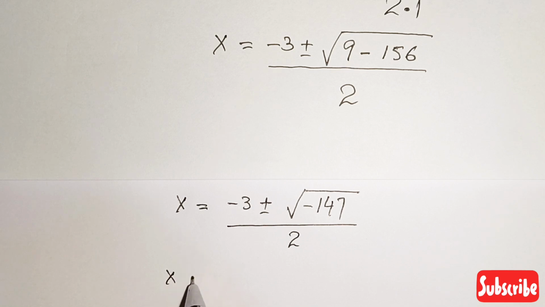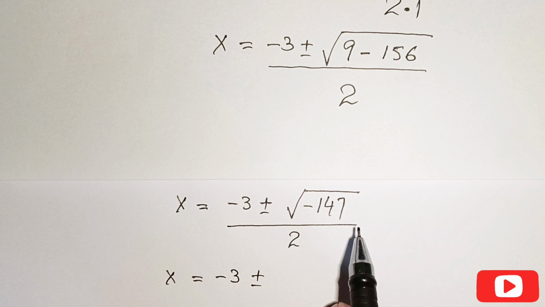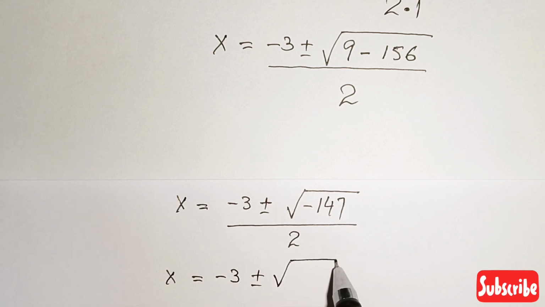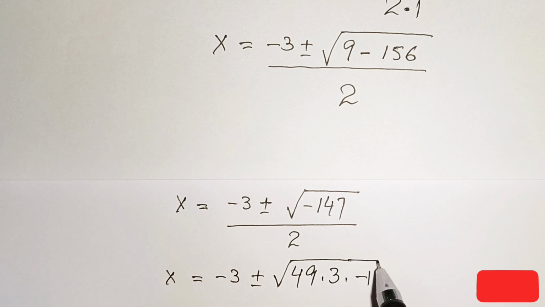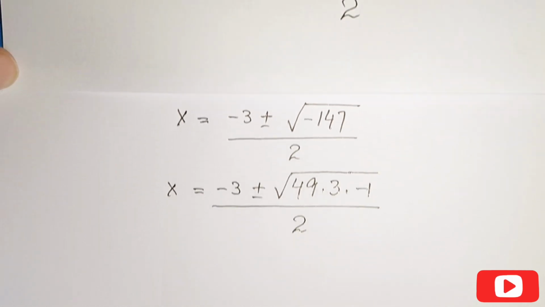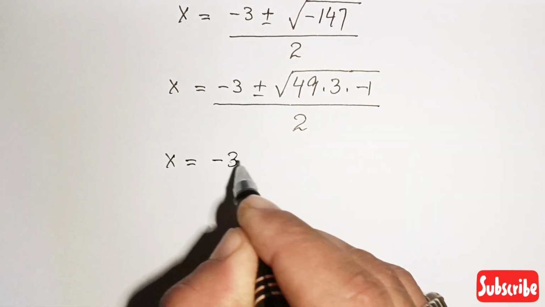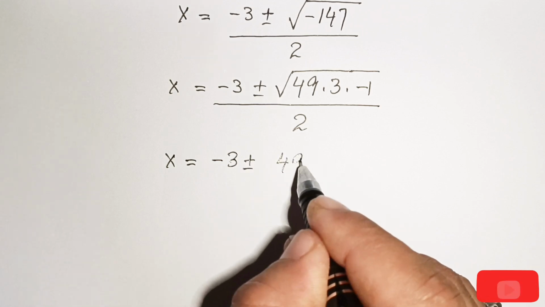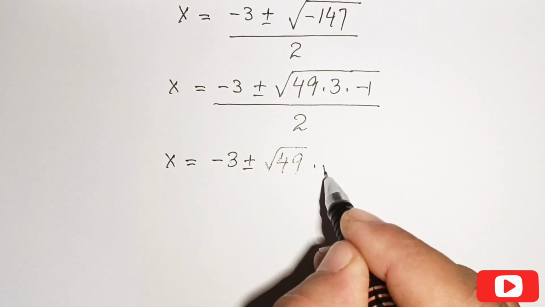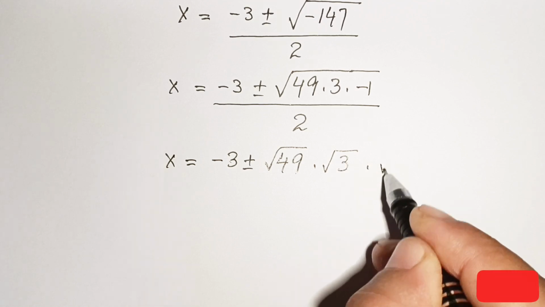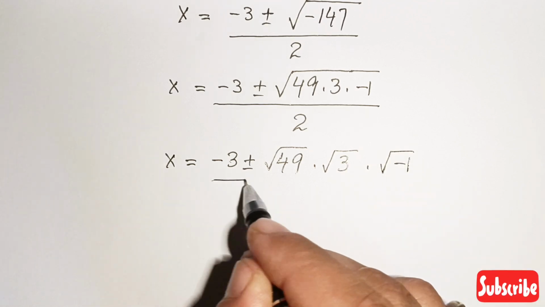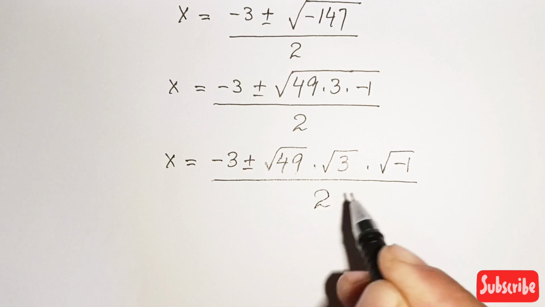Here x is equal to minus 3 plus minus square root of 147, which can also be written as square root of 49 times 3 times minus 1, all over 2. Here we have x is equal to minus 3 plus minus square root of 49 times square root of 3 times square root of minus 1, all over 2.